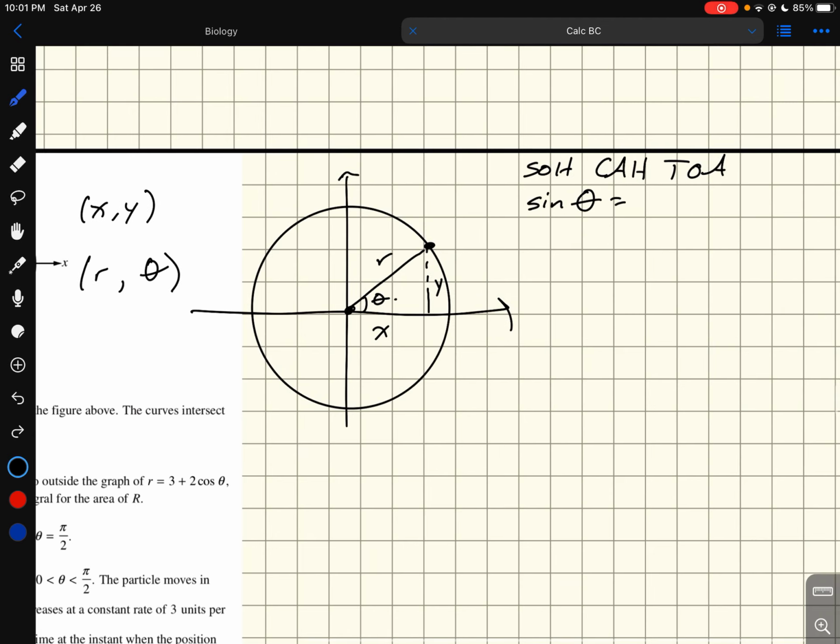The opposite of that theta would be y, and the hypotenuse is r. So sine is equal to y over r. Cosine of theta is adjacent over hypotenuse, so cosine is x over r. And then tangent of theta is opposite over adjacent, so tangent is y over x.